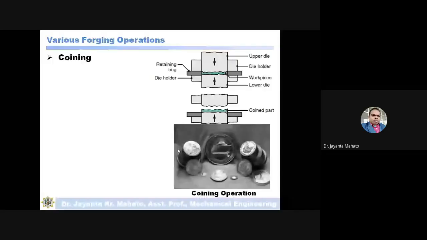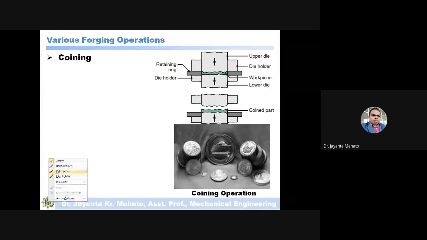There are different forging operations, like coining. This image shows the coining operation to make coins. This one is the workpiece material from which you have to make the coin.